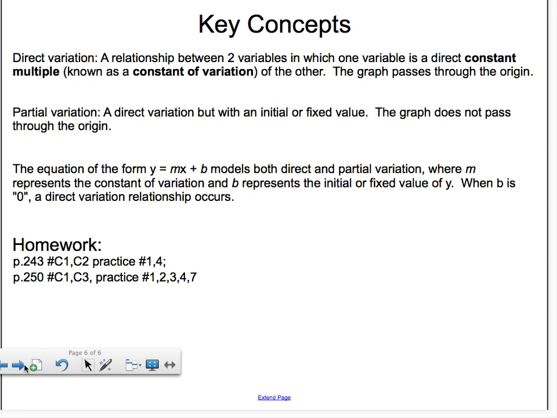So let me introduce some key concepts that we need to know. One thing that I introduced, I didn't define it, was called a direct variation.